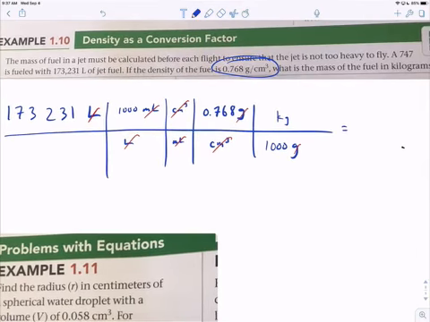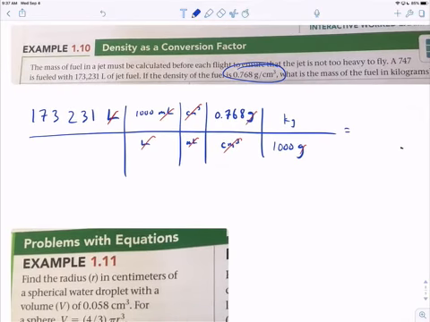What's also nice about this is that when you put the numbers in your calculator, you're multiplying by 1,000 and dividing by 1,000, so you can completely ignore the 1,000. Just don't even put it in your calculator. Just do 173,231 times 0.768 and be done with it.